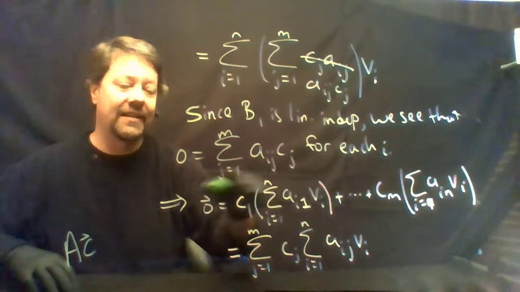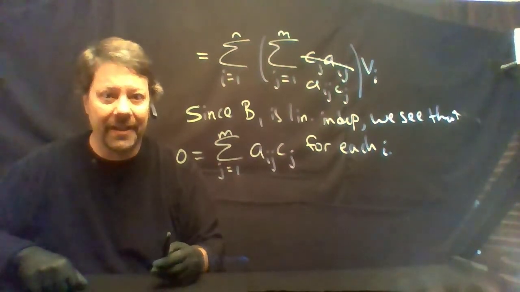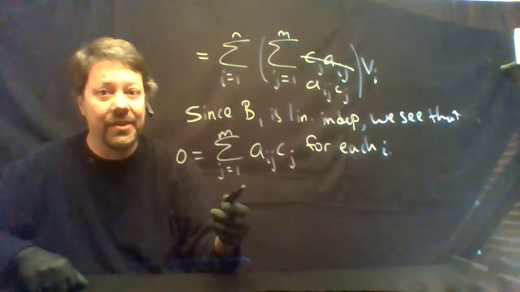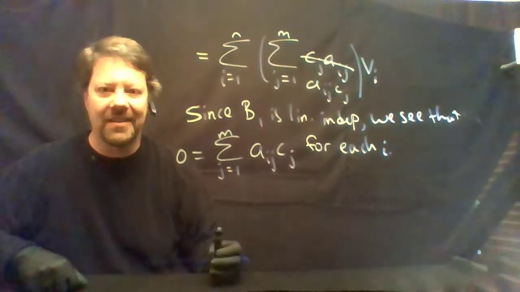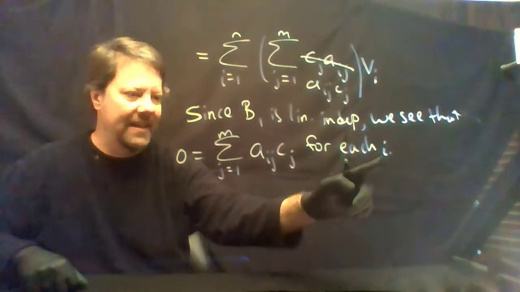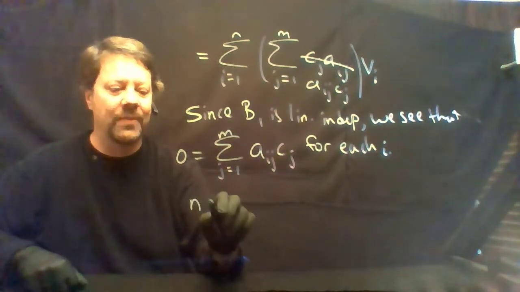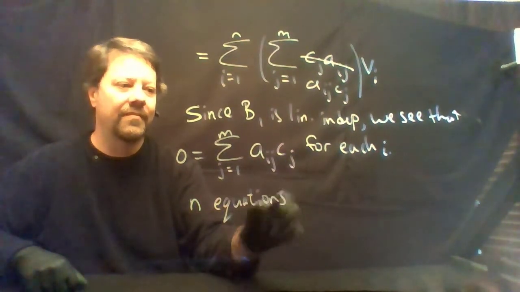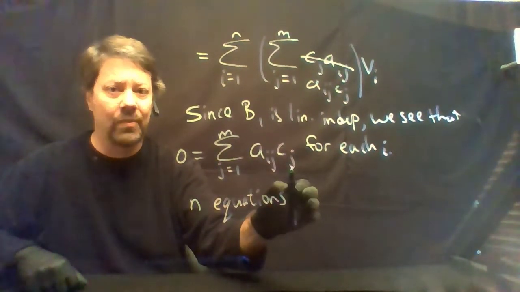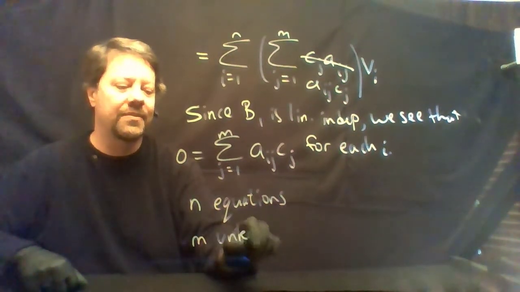Each different i gives us a different equation. The critical question is, how many equations in how many unknowns? The unknowns being the Cj's. The index i runs from 1 to n. That means we have n equations. The index j runs from 1 to m. There are m unknowns.